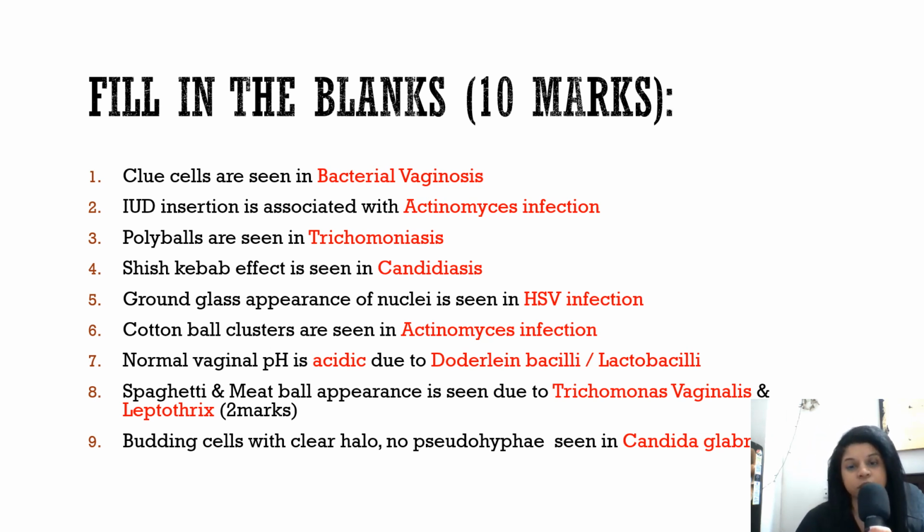Cotton ball clusters are seen in actinomyces infection. Normal vaginal pH is acidic and it is due to Doderlein bacilli or lactobacilli. Spaghetti and meatball appearance is seen due to Trichomonas vaginalis and Leptothrix. Budding cells with clear halo and no pseudohyphae is seen in Candida glabrata.